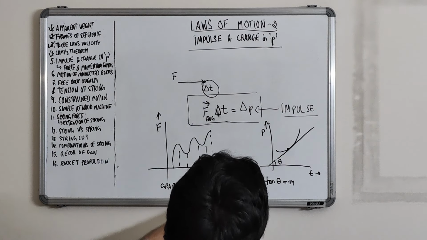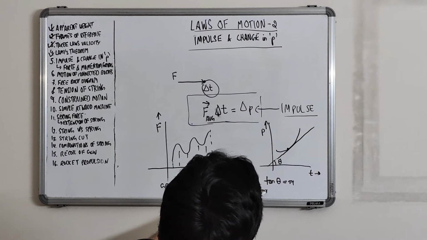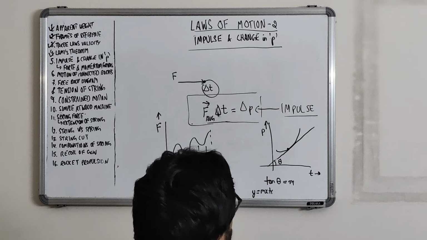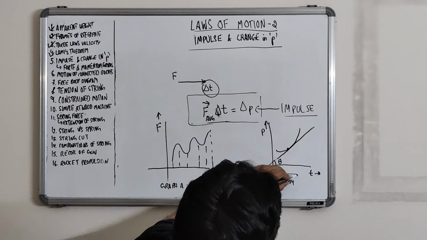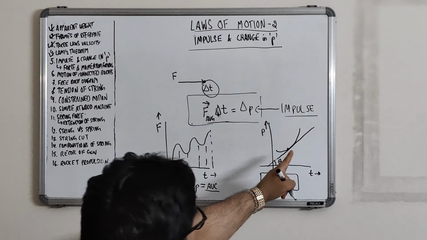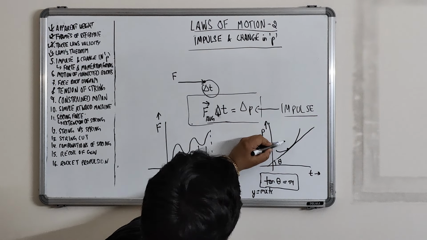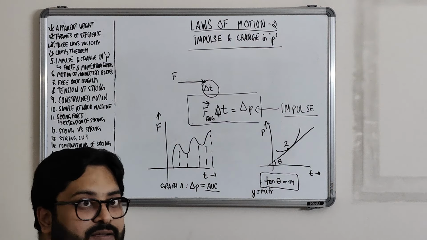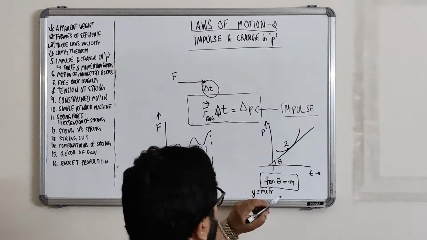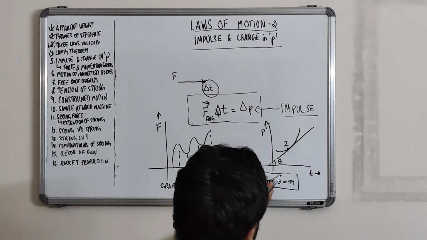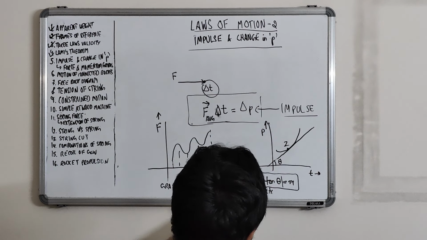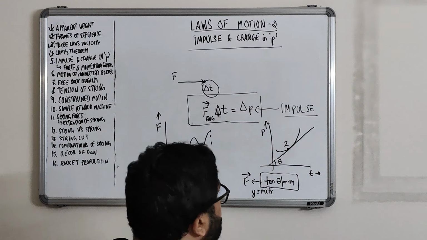If you know y is equal to mx plus c, m is the slope. So tan theta is the slope. At that particular instant, let's say z, tan theta will be the force at that instant.